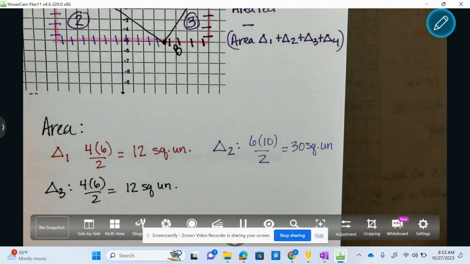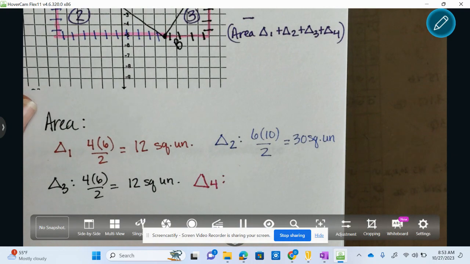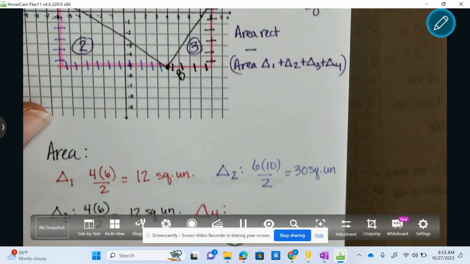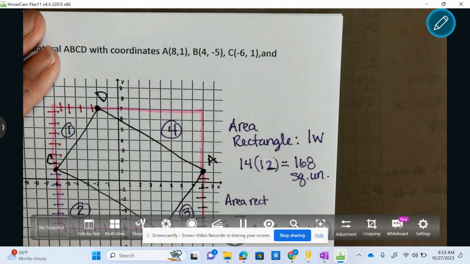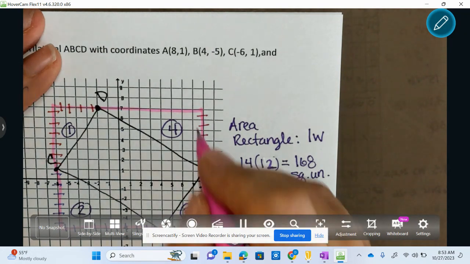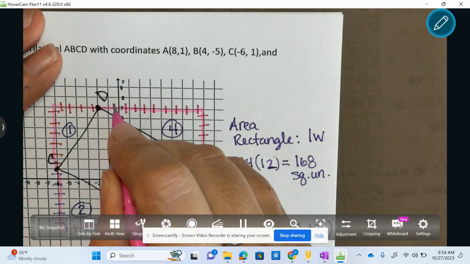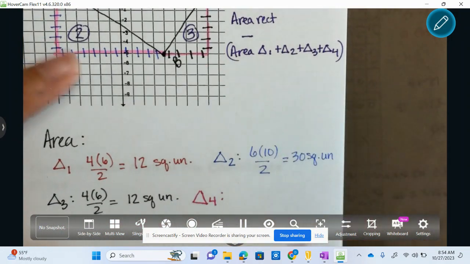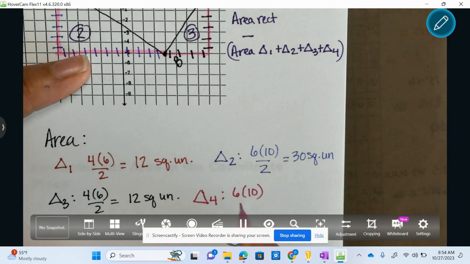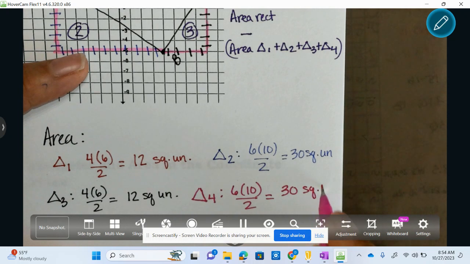The last one that I'm going to look at is triangle 4. I have to scroll up to see the measurements, count the measurements of triangle 4. So triangle 4, 1, 2, 3, 4, 5, 6 times 1, 2, 3, 4, 5, 6, 7, 8, 9, 10. 6 times 10 divided by 2, which equals 30 square units.